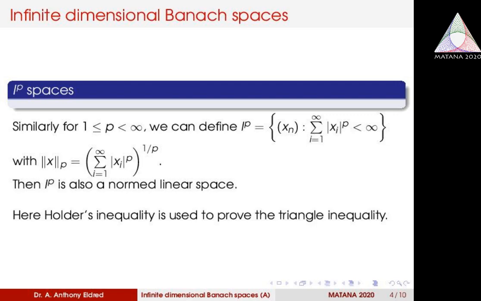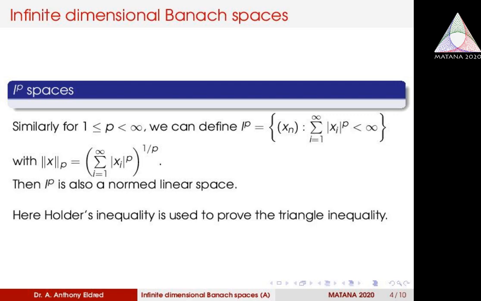Addition is defined as normal sequence addition coordinate-wise, which also satisfies scalar multiplication. So ell-p will be a vector space, and if we define the p norms in this manner, it will be a normed linear space with all these p norms.